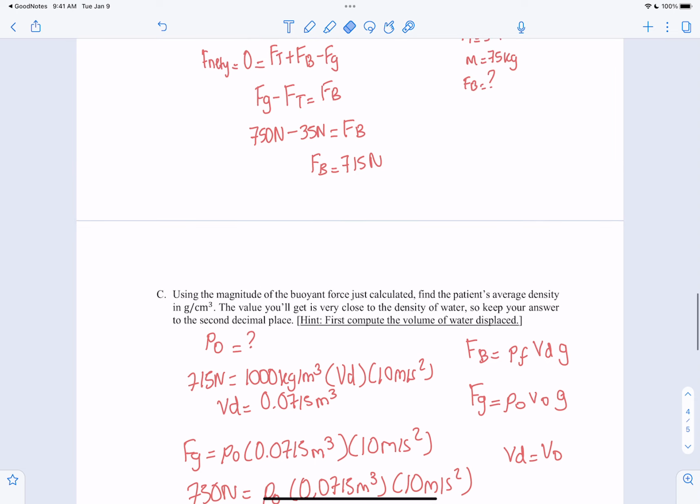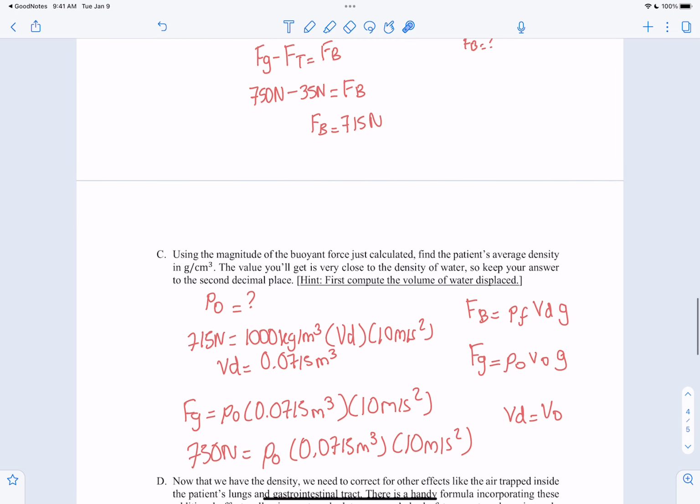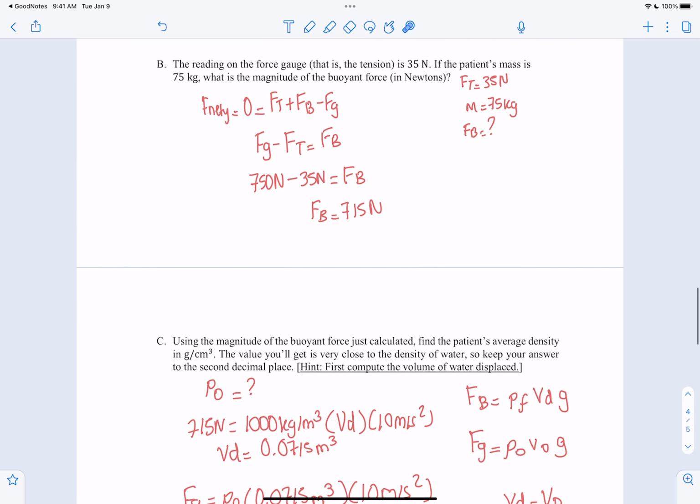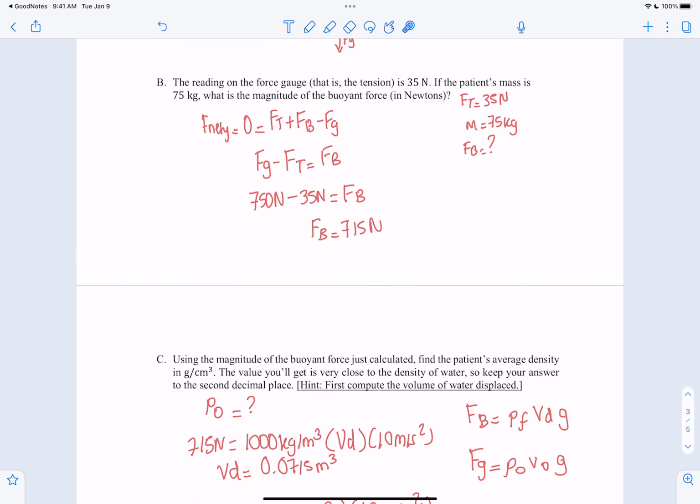Now, how does mass relate to anything that we have here? Well, we know that the patient's mass is going to relate to their force of gravity, because Fg is equal to mg. A way to derive this equation, Fg equals the density times the volume times the gravity, is to think about it like this. Fg is equal to mg.